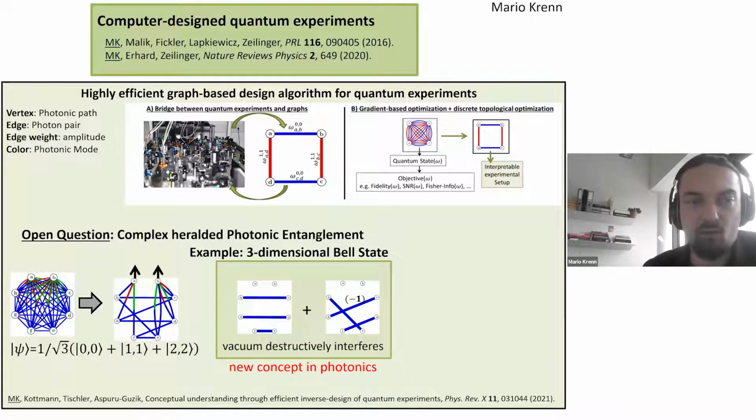And you can perform direct gradient descent on those systems and get out a parameterized solution. And afterwards, you can perform topological optimization to actually get the systems that you can understand as a human.